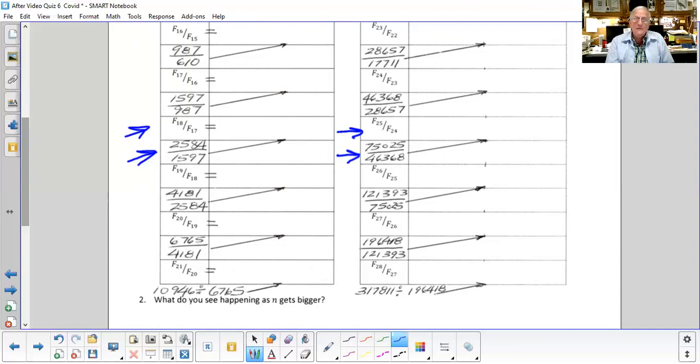Go ahead and do that and see what you get. Write it down to 7 decimal places, right above this arrow, right in this area right here.